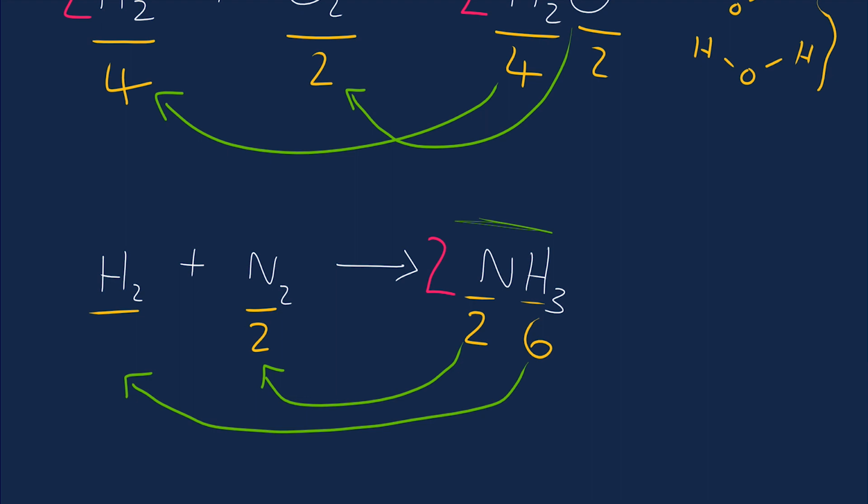We have 6 hydrogen on the right hand side, so we need 6 on the left hand side. That's an H2 molecule, so we need 3 molecules of H2, and that is going to give us 6 hydrogen. Since there is nothing else in the H2 molecule, we've not changed how much of anything else we have, so this is now balanced.